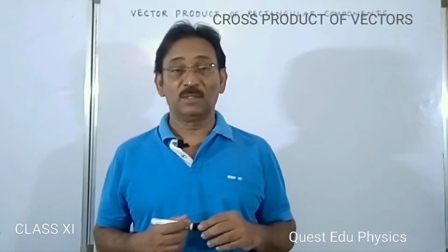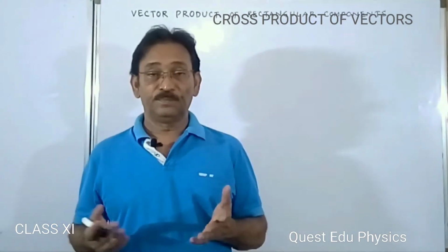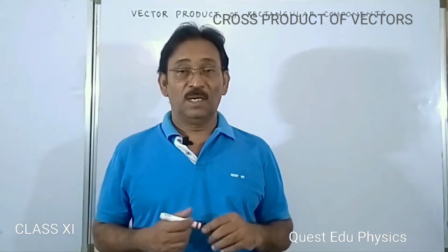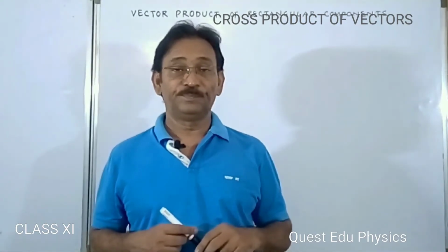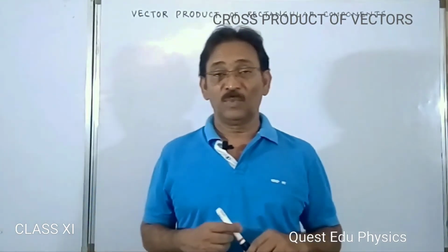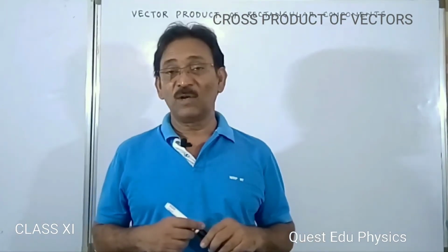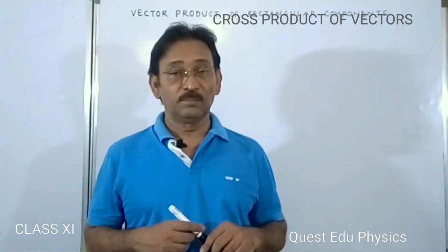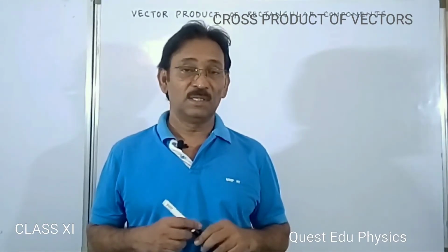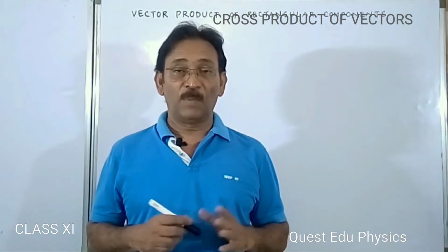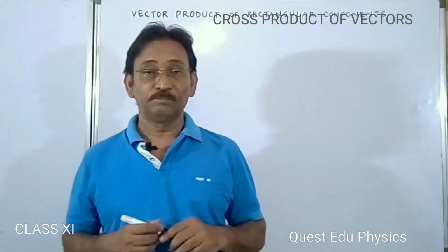Vector cross product can be stated as: the magnitude of the vector is equal to the magnitude of the products of the two vectors with the sine of the angle between them, and the direction of the vector is perpendicular to the plane in which the two vectors are contained.